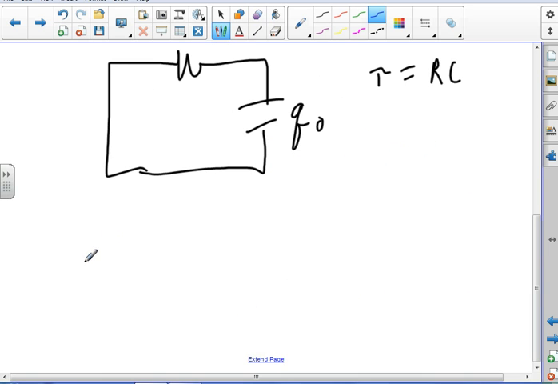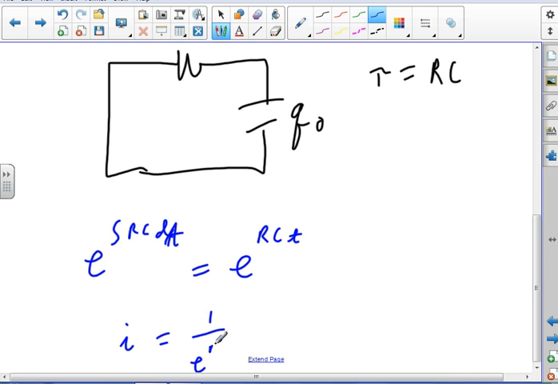And I want e to the integral of 1 over RC dt, which is going to be e to the t over RC. And then I'm going to say I is equal to 1 over e to the t over RC times the integral of 0 times e to the t over RC dt.